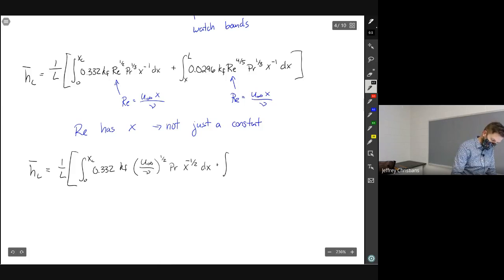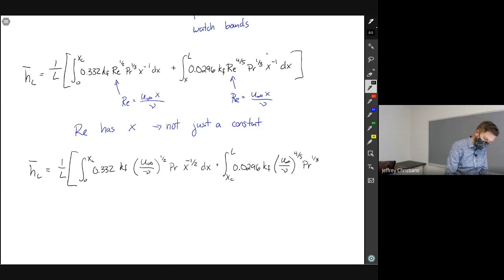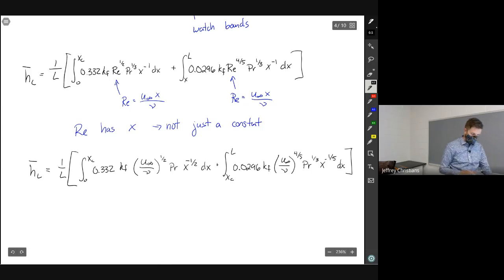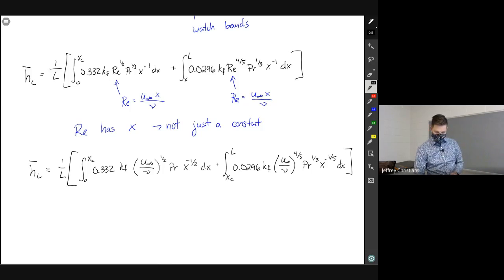Messing up my bounds. 0.0296 kf. And then this would have an x to the -1/5 dx. So then to figure this out, we have to just integrate.